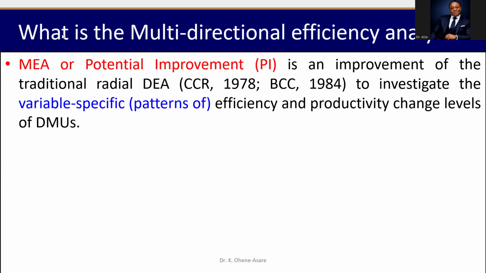Chris, did you get what I said? Yes, Prof. Explain. Please do again. And Chris will explain again. You said the status efficiency reflects the overall efficiency of the firm, whilst the variable specific talks about the efficiency of the DMU.